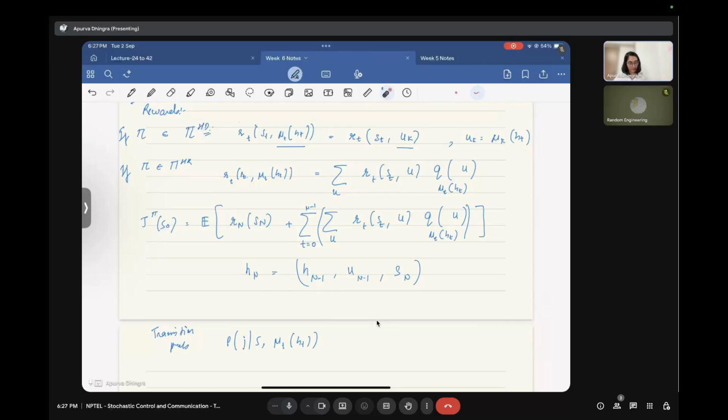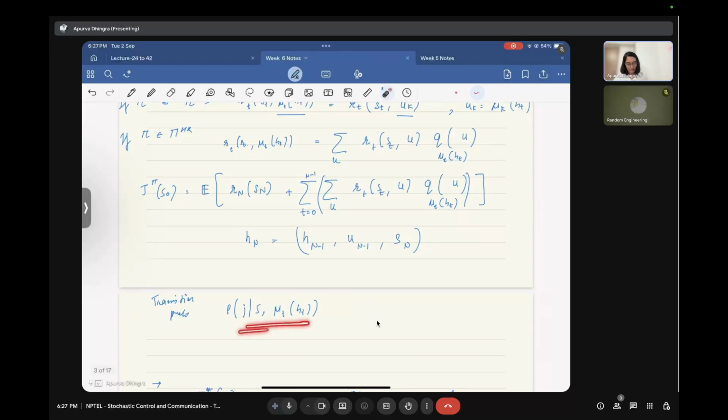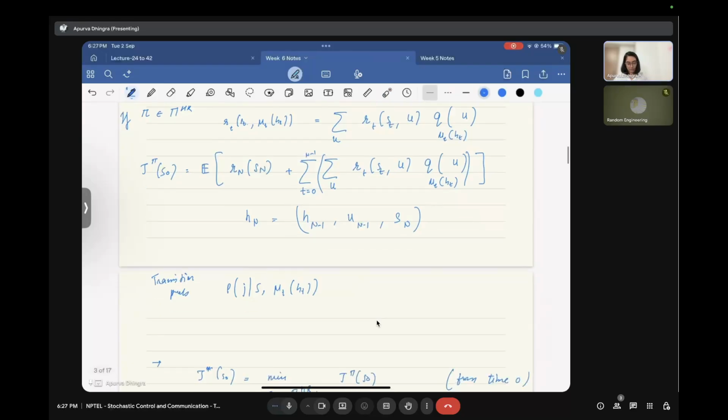We end up taking the expected reward, and the value function also needs to be slightly updated, and the transition probabilities also will get affected by this. So for this transition probability, u here is not deterministic, it is randomized, meaning we need to consider the probability of getting each of those particular actions.